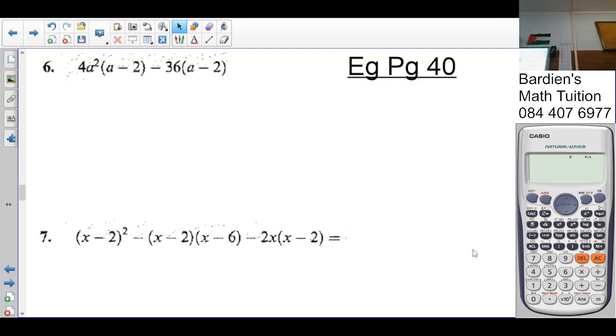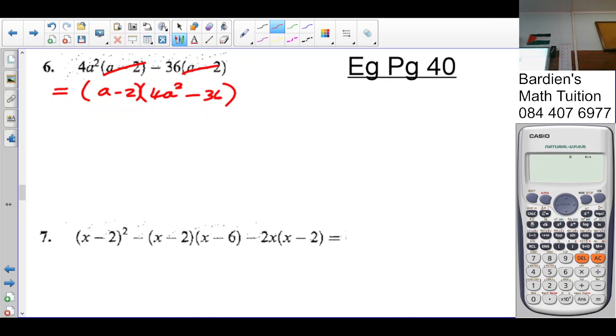You're right. You all agree with that? The common factor of a minus 2. You could have taken out 4 straight away, but okay, the call was for taking out the common factor first of a minus 2. You get out of it 4a squared minus 36.